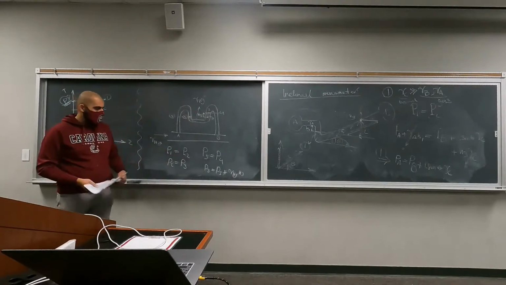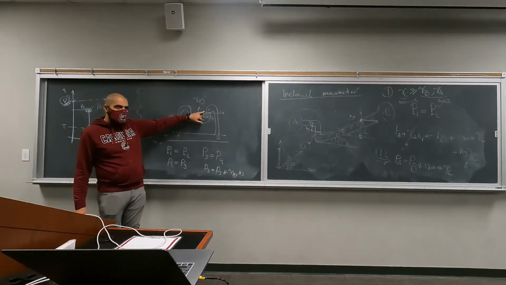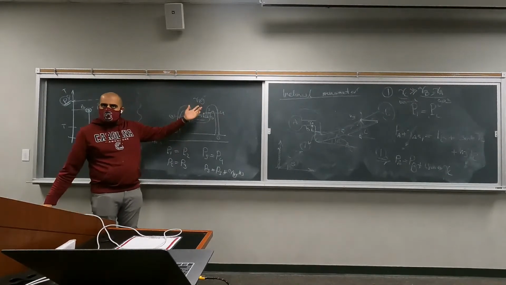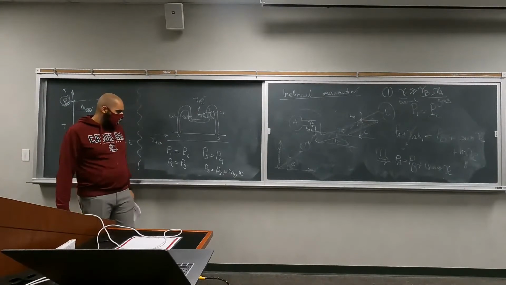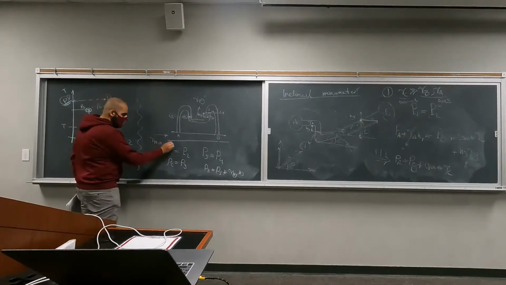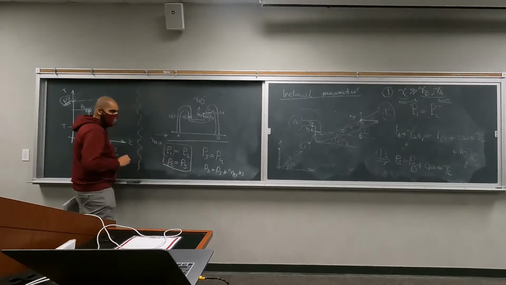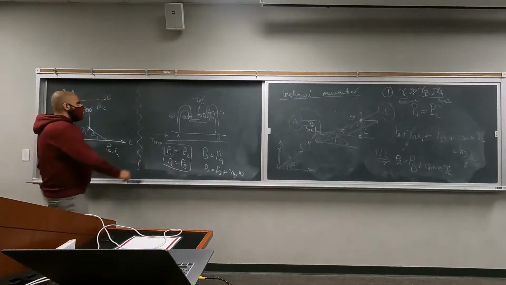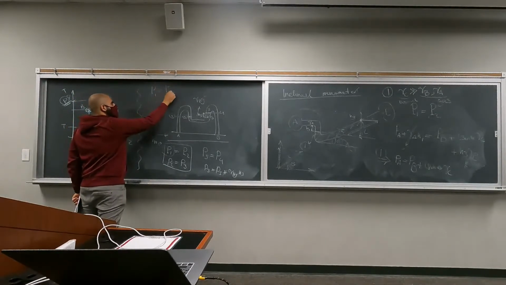Does this make sense? Pressure at this point is the pressure at this point plus the height difference. And from these, we can conclude that P1 is equal to P3.